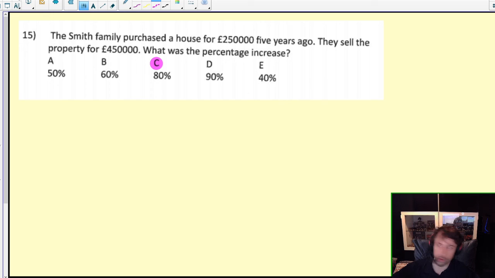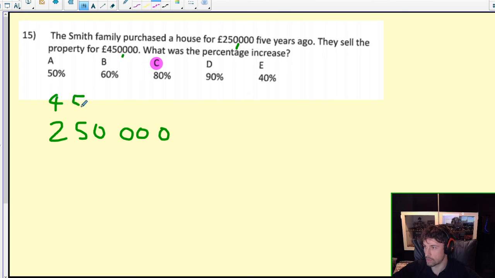Final one then, big one. The Smith family purchased a house for £250,000 5 years ago. They sell it for £450,000. What's the percentage increase? It's a big one. So it's the difference between the two. So it's 250,000, the difference between this number and this number.